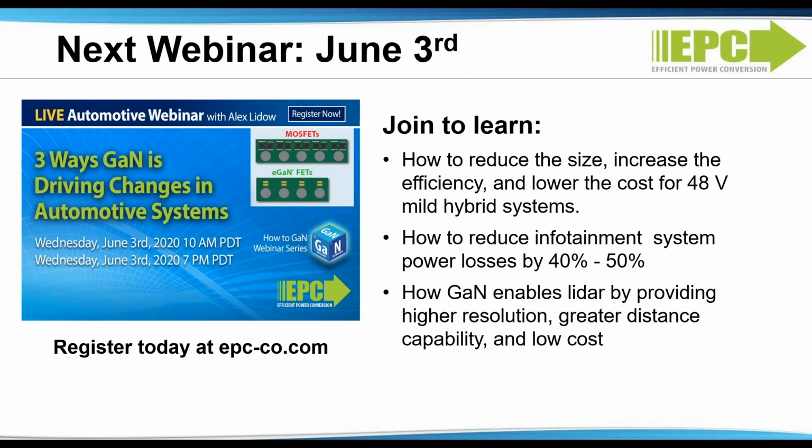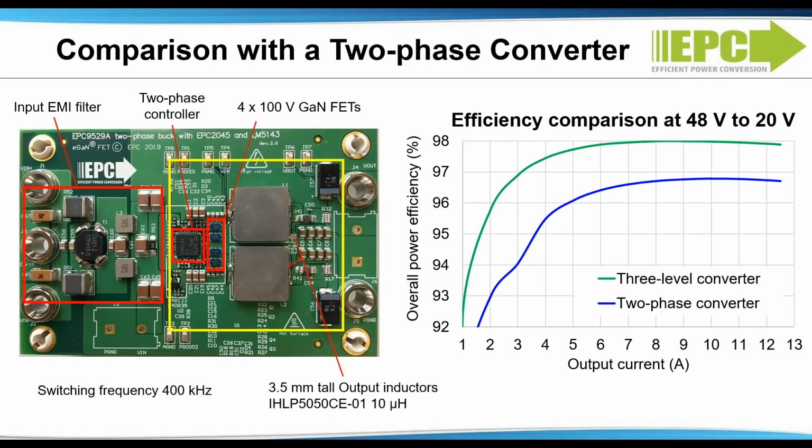Okay, on the page with the 3-level converter efficiency, you're showing it better than the 2-phase converter. How good is the transient performance of the 3-level versus the 2-phase? Yeah, so the transient performance of the 3-level converter is actually better. The reason is the lowest level in the 3-level converter is a buck converter, but it's running into a much lower value inductor because the inductor is seeing 800 kilohertz.